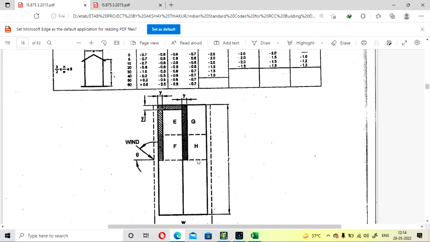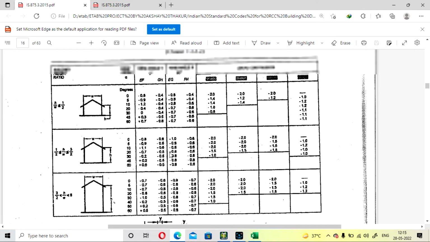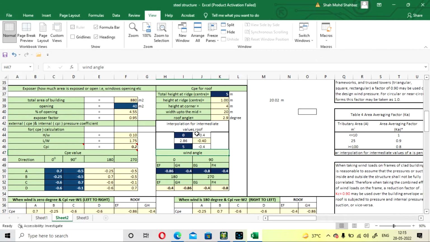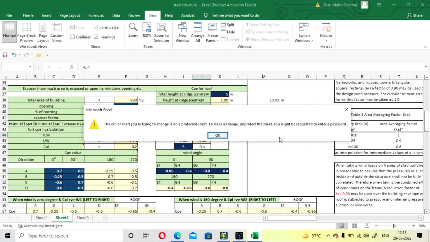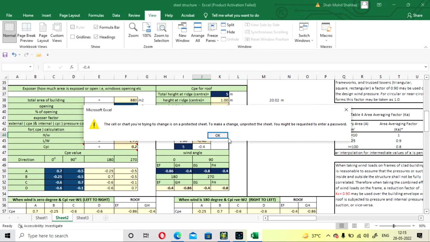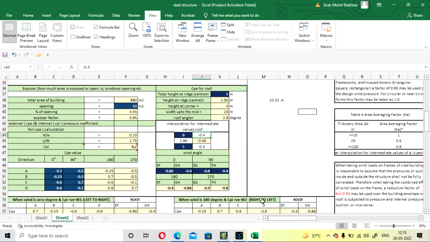If you see the plan, this plan, this will be EF and this will be GH, and it is divided into two parts, and after that four parts will be equally divided. Okay, so for EF, for 0 degree it is minus 0.8 and minus 0.9. If we change this to... Okay, I will select it.